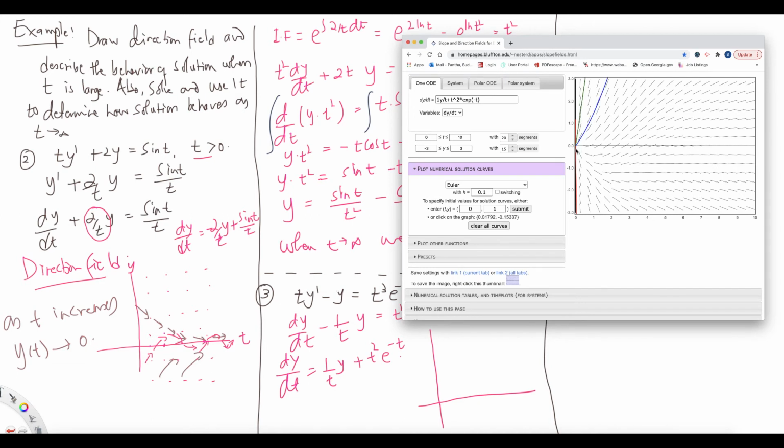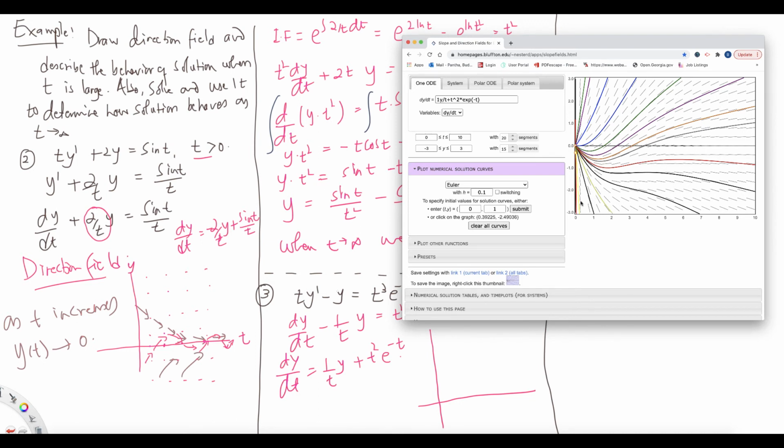For any initial condition, it is going away from this number. So it looks like it is diverging, right? It is going up. So y of t is going up. It looks like it is going to infinity, or negative infinity.